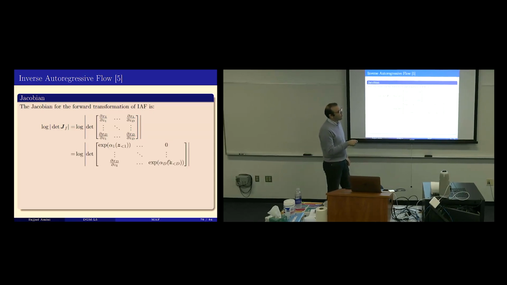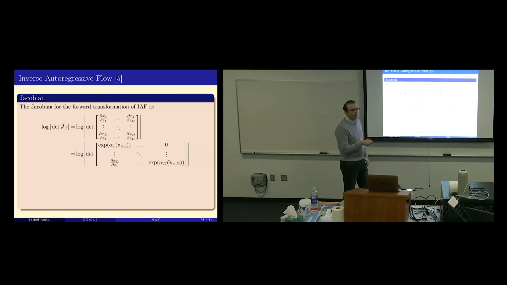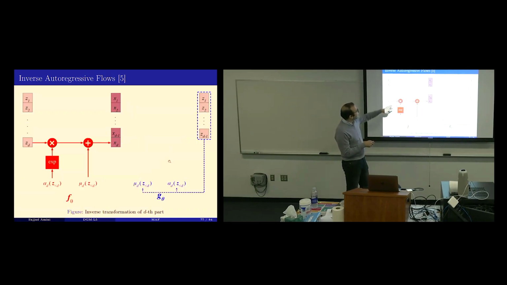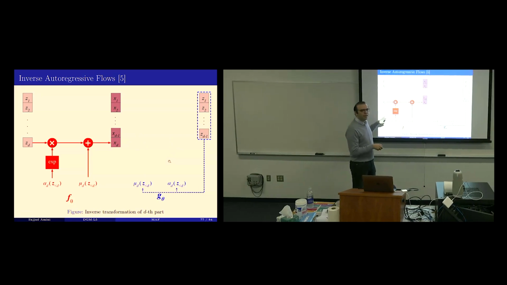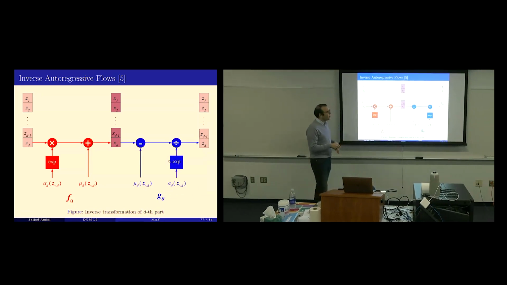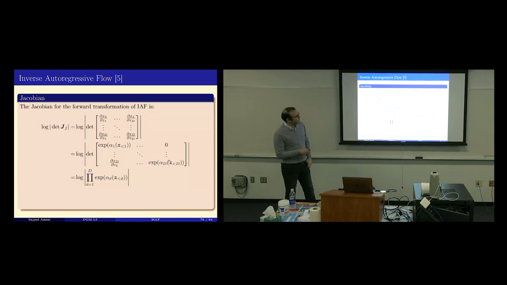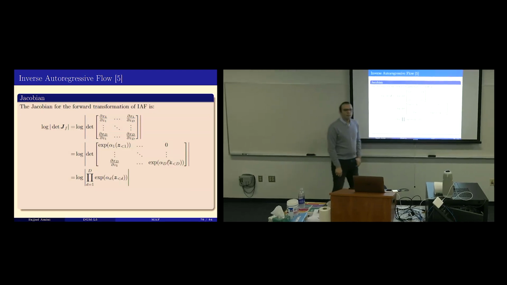You have a lower triangular matrix. Why? Because in this formulation, this is not dependent on the future. The determinant of this type of matrix can be easily calculated using the multiplication of the diagonal elements. So we have the logarithm of the absolute value of the product of the diagonal elements.